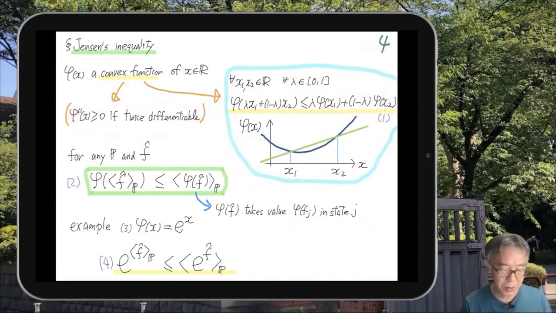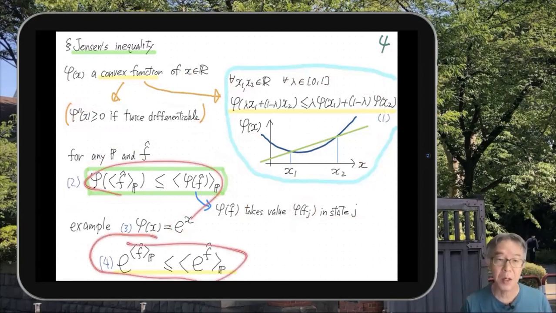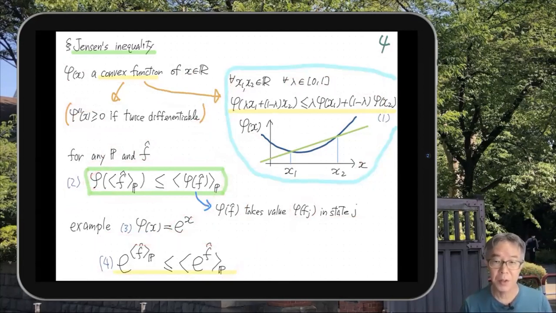And the inequality says that for any probability distribution and any state quantity f, this is valid. And here phi(f hat) is a state quantity, a random variable that takes value phi(f_j) in state j. Okay, a typical example is, of course, the exponential function, which is convex by this property, and in this case, this reduces to this. I think you are already familiar with this.